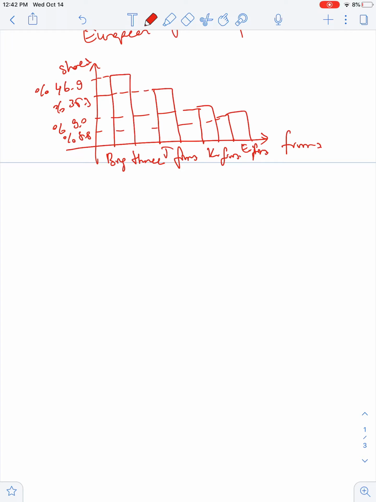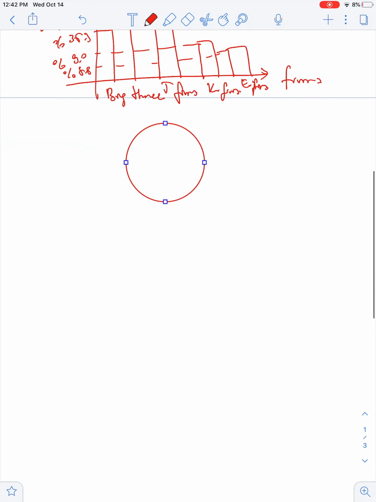For the pie chart, you will have something like this. A pie, and from the beginning we have a share of 46.9% for the big three.